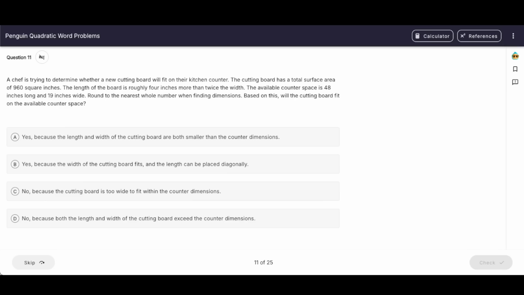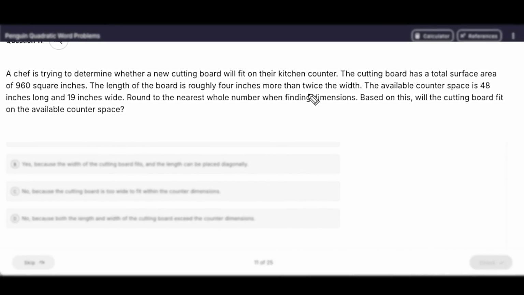All right, so we got our problem here, and on top of what I already told you, they're also giving us the information about how big the counter space is. So we know it's going to be 48 inches long and 19 inches wide. What we're trying to figure out is, is this going to fit, basically? So let's take that information about the length of the board being 4 inches more than twice the width.